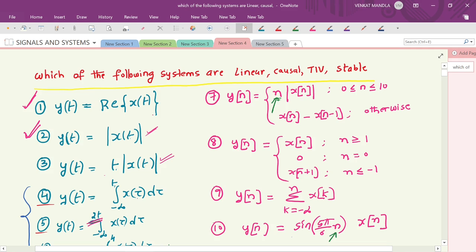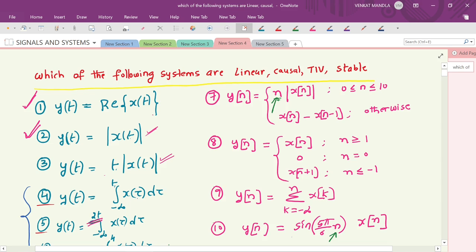It is like multiplying the signal by some other function of n. First we apply a delay n naught to the input, x(n minus n naught). This gives sine(5 pi by 6 n) multiplied by x(n minus n naught). But again, if you apply a delay in the output, y(n minus n naught), you have to replace n by n minus n naught: sine(5 pi by 6 (n minus n naught)) into x(n minus n naught).